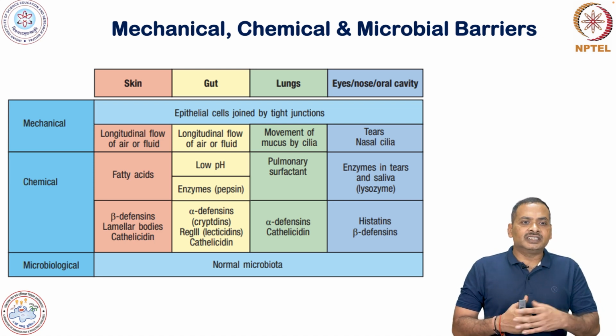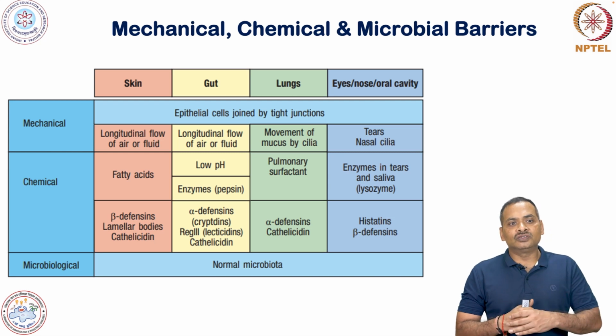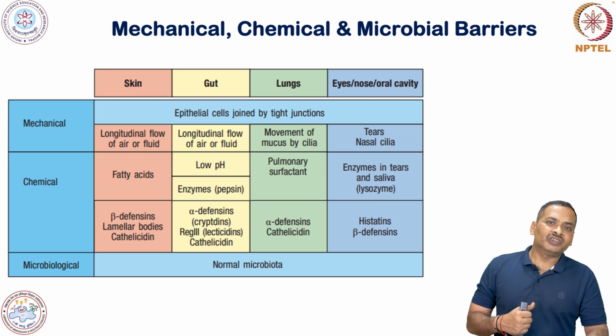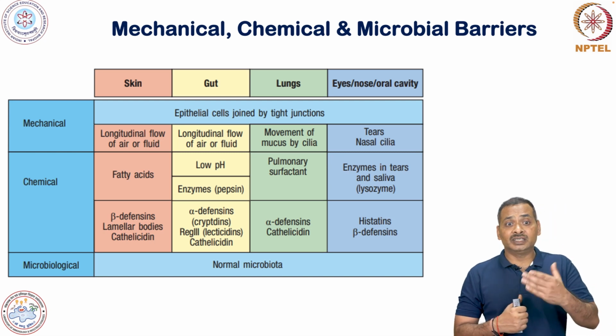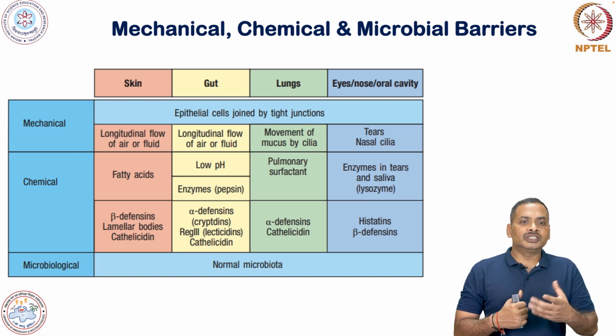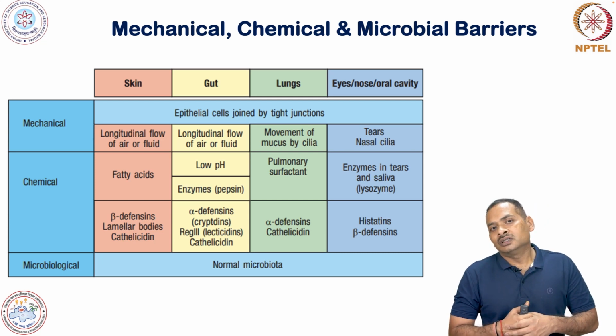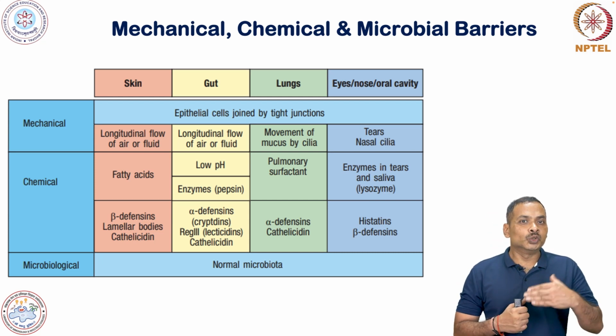Besides this, in skin there is a longitudinal flow of air or fluid that prevents the entry of pathogens. In gut there is also a longitudinal flow of air and fluid. We will discuss the mucus.